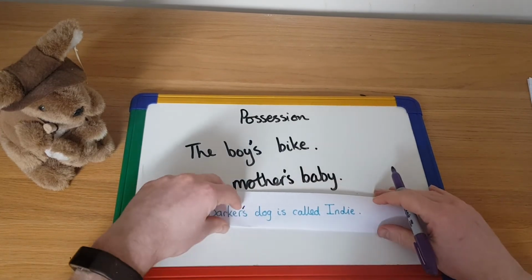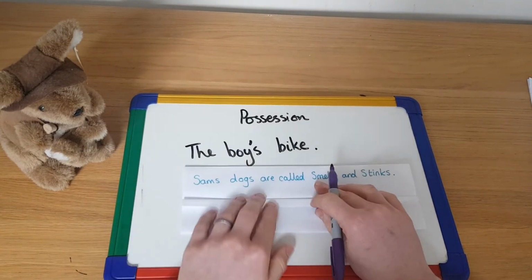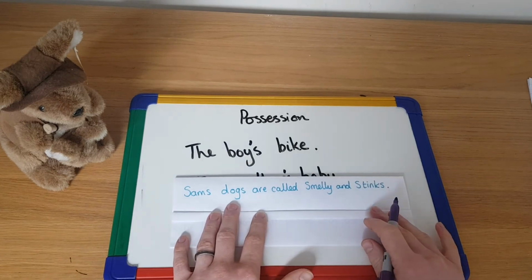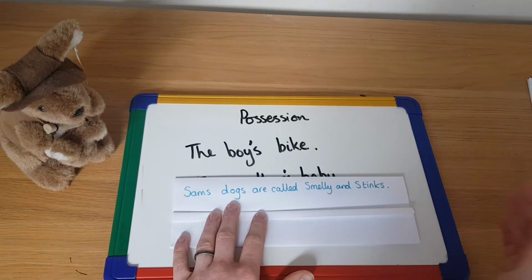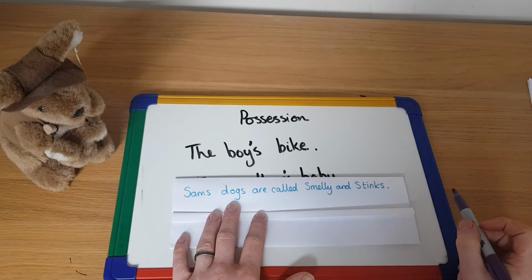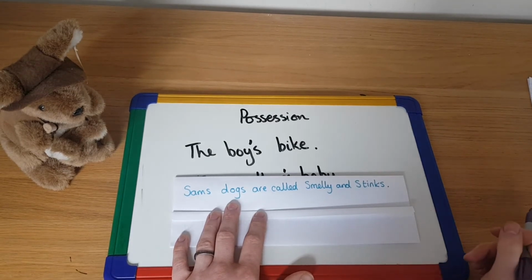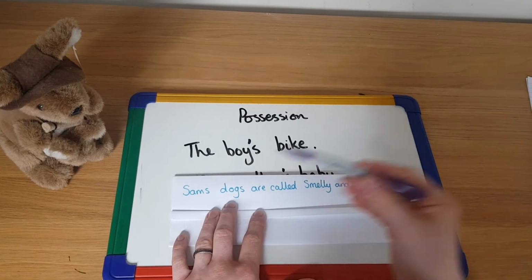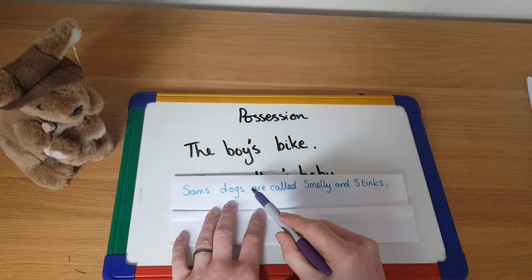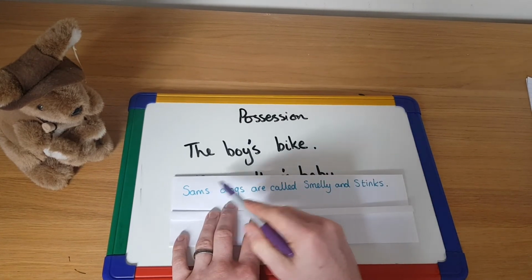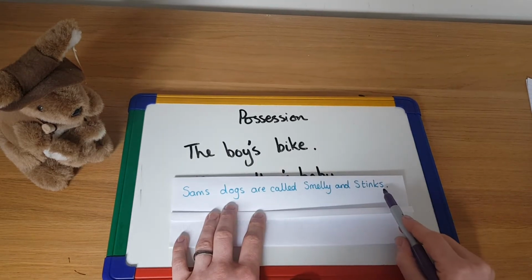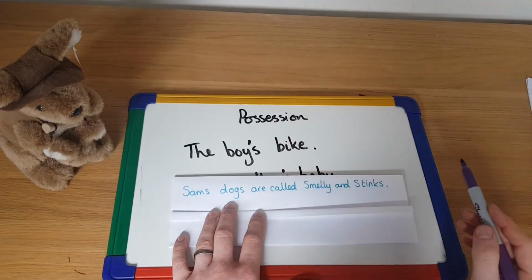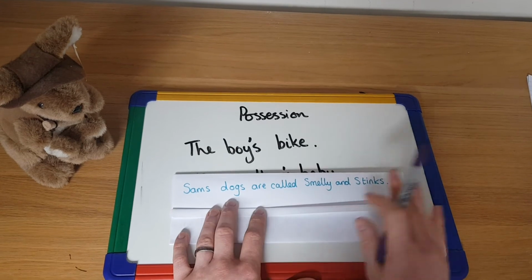Next one here then. Sam's dogs are called Smelly and Stinks. Where do you think an apostrophe is going to go in this sentence? Have a quick pause. So a bit of debate, because what a few people might do now is say, well, that ends in an S, that ends in an S, and this ends in an S, so all three of them need an apostrophe. Not true.